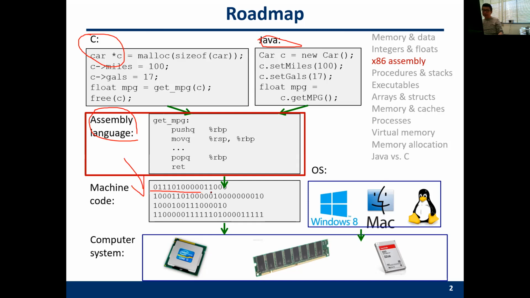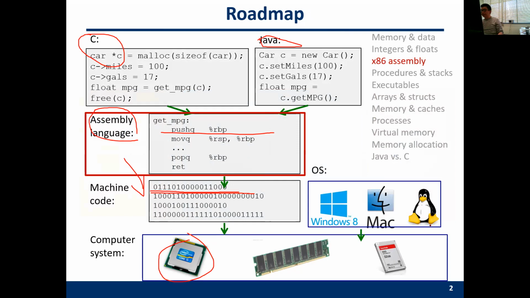Each line of the machine code indicates one instruction. So these binary bits, one line can be mapped one-to-one to this assembly language code. And then your computer can process this binary machine code.